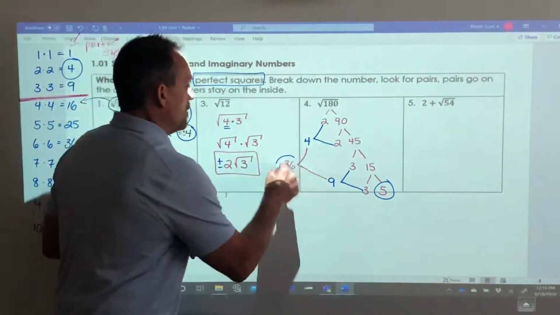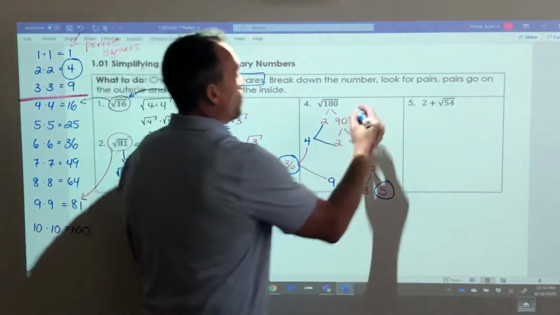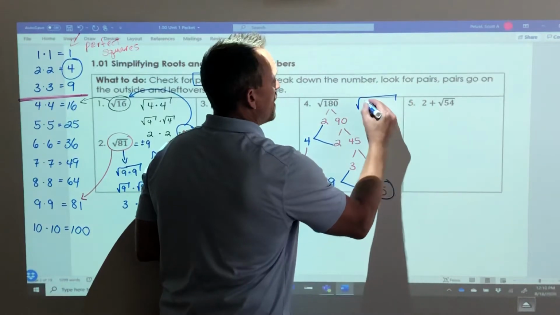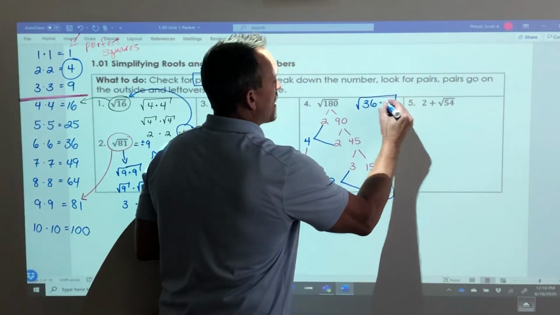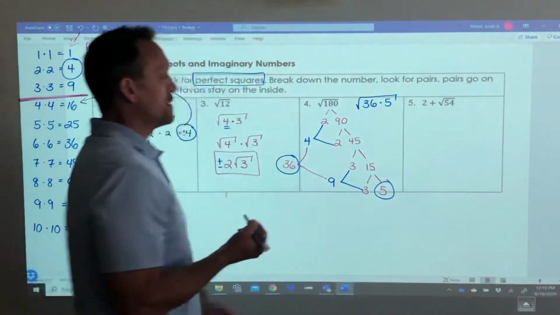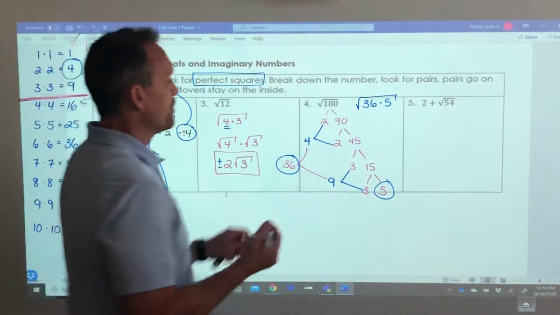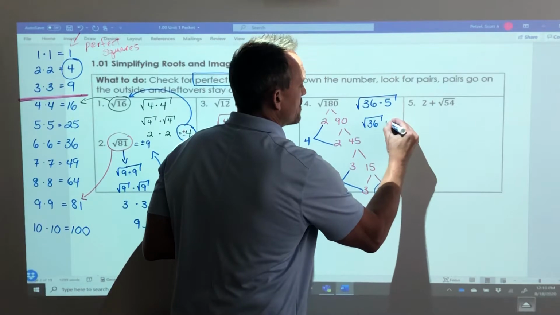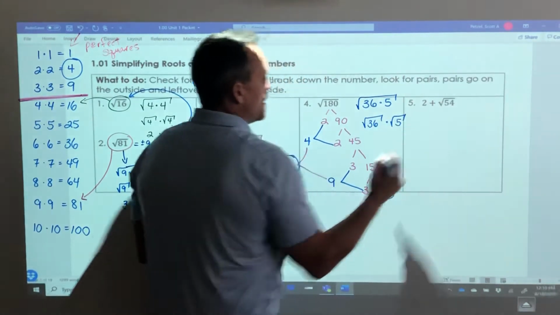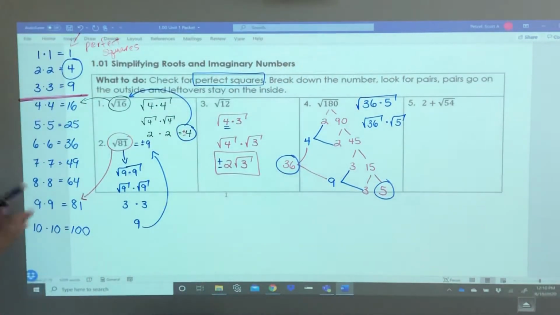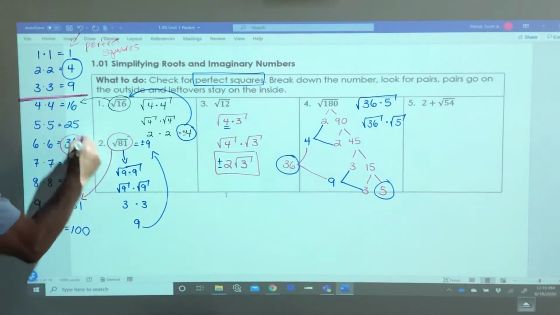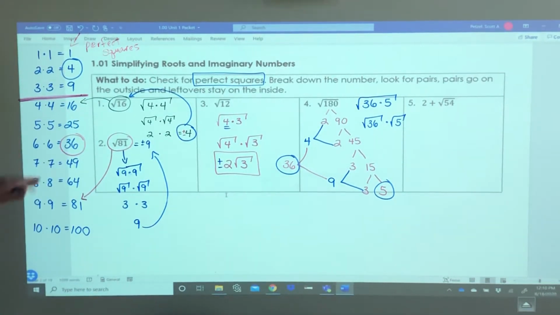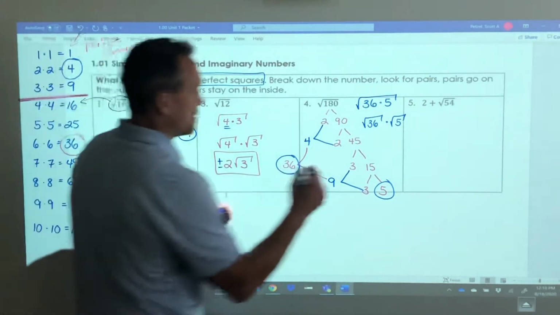So now, the square root of 180 can be rewritten as 36 times 5. 36 times 5 equals 180. This can be separated. And the square root of 36 is right there. 6 times 6.